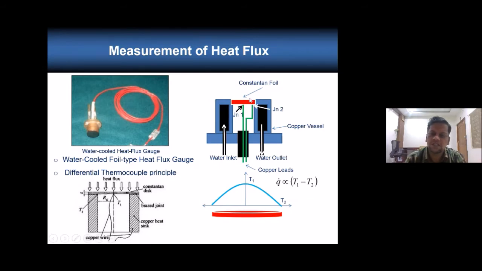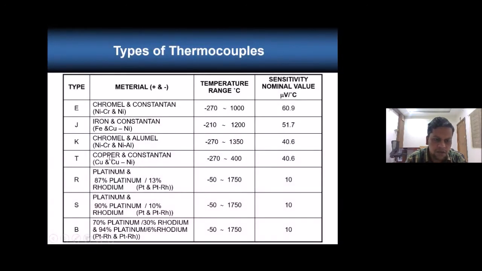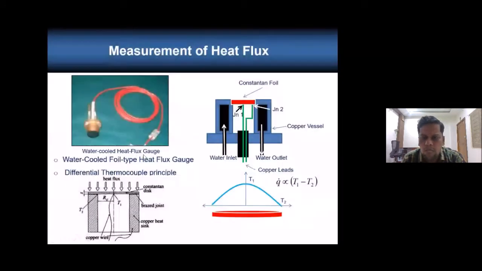This is a T-type thermocouple. You can see constantan and copper is a T-type thermocouple. Here we are measuring two temperatures: one is copper-constantan at the junction center, then copper-constantan at the edge.